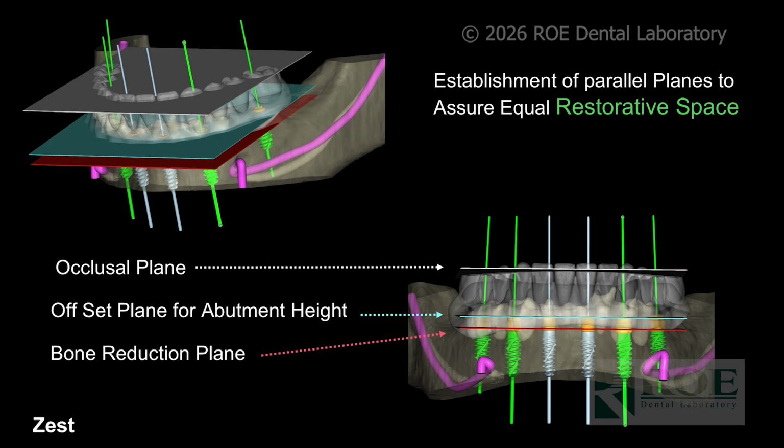We can have an offset so that there's going to be room for the tissue thickness when we seat that prosthetic. And then there's the bone reduction guide, which is what determines what the restorative space is going to be. And we can also add the locator abutments that we're planning based on the thickness of the tissue.